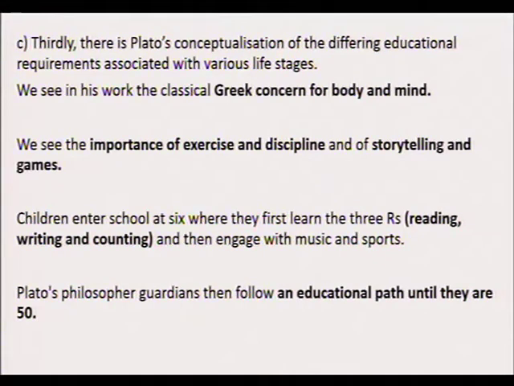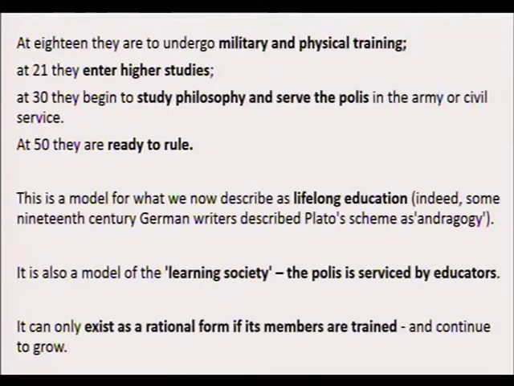Plato's philosopher guardians then follow an educational path until they are 50, and this is as follows. At 18, they undergo military and physical training. At 21, they enter higher studies, and at 30, they begin to study philosophy and serve the polis in the army or civil service. At 50, Plato believed they were ready to rule.